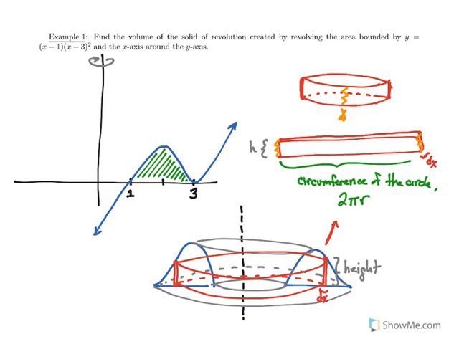So what we're going to try to be doing is we're going to find the volume of the shell, which is going to be 2 pi r times h times dx, the volume of that little box.